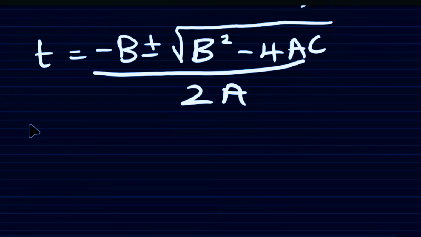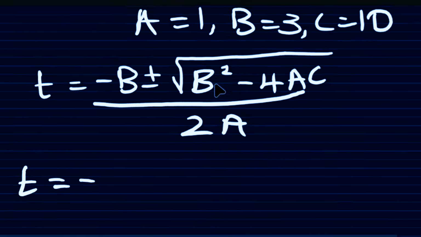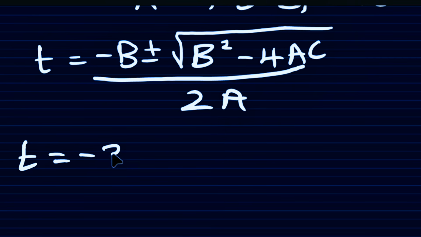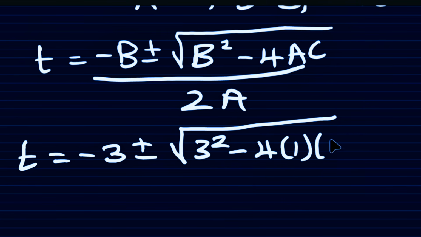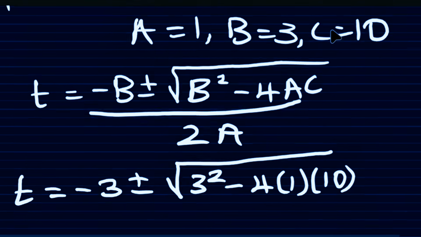So from here, we are going to have that t will be equal to minus b, that is minus 3, plus or minus the square root of 3² minus 4 times 1 times 10. Remember that c equals 10.